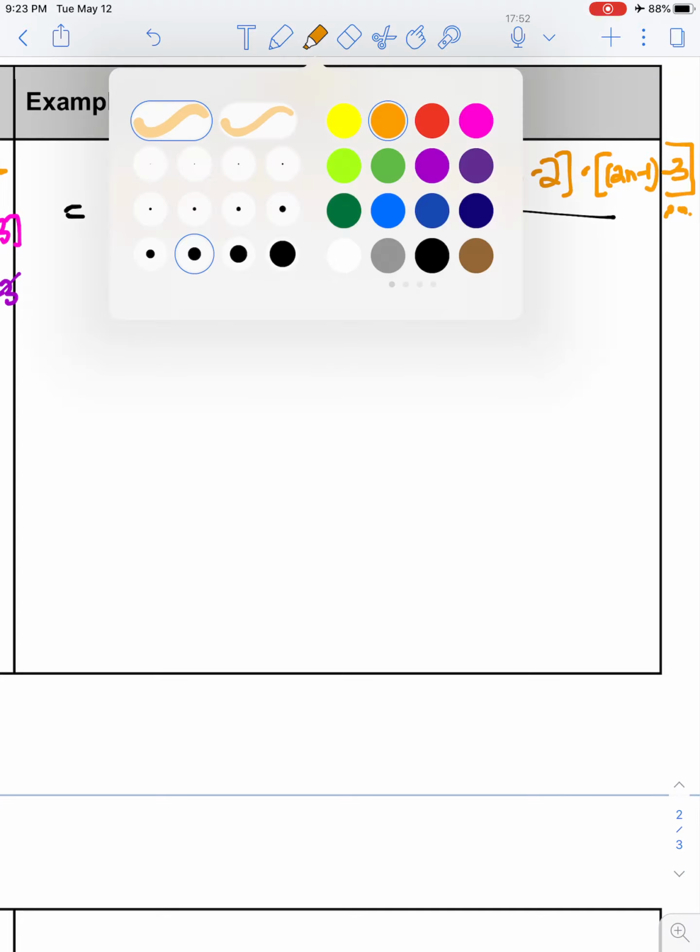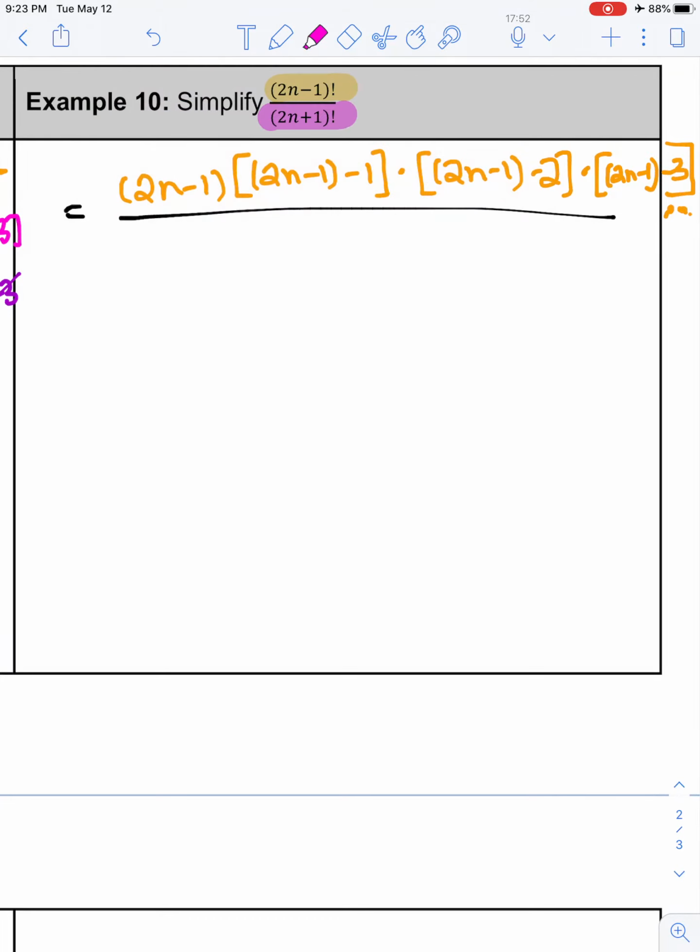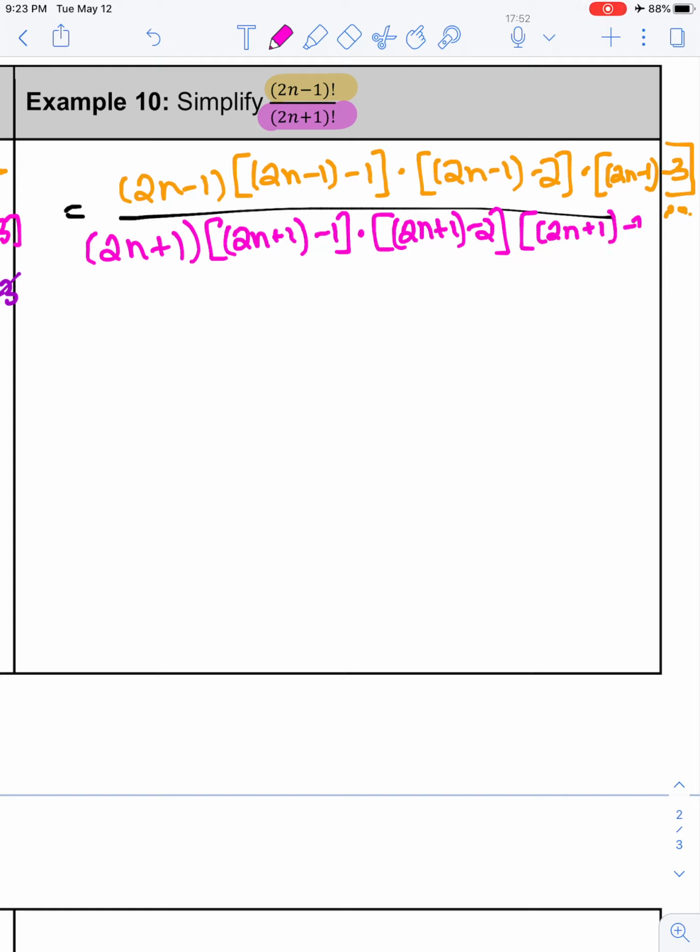And I don't quite have room to write it, but we should remind ourselves that this pattern continues. Okay. So in the denominator, we will be starting with the 2n plus 1. And then we're going to go ahead and multiply that. That next factor is going to be 2n plus 1 minus 1, followed by 2n plus 1 minus 2, followed by 2n plus 1 minus 3, and again, that's going to continue.